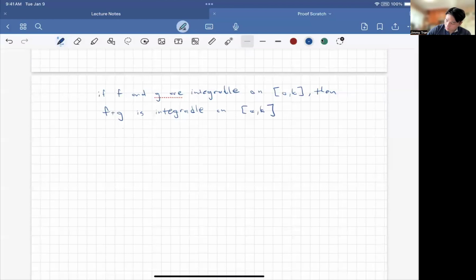And then likewise, we can say that the integral of f plus g is equal to the sum of the integral of f plus the integral of g here. And so this is what we want to prove.